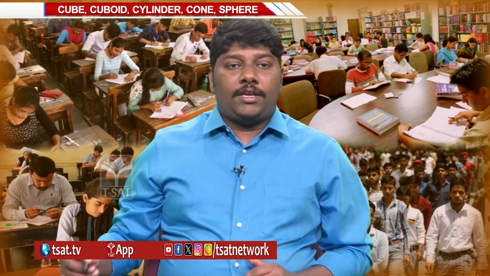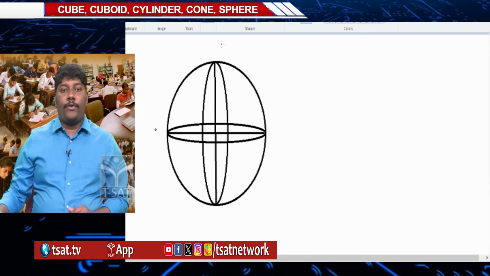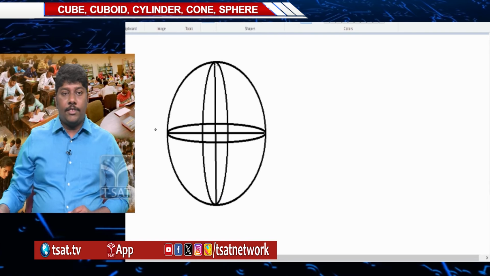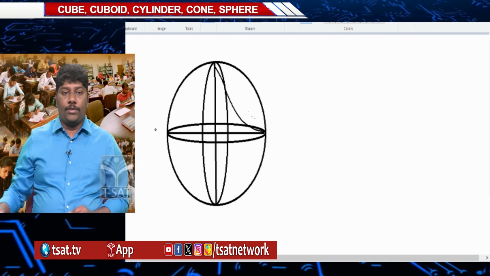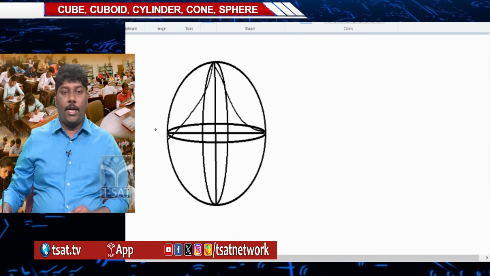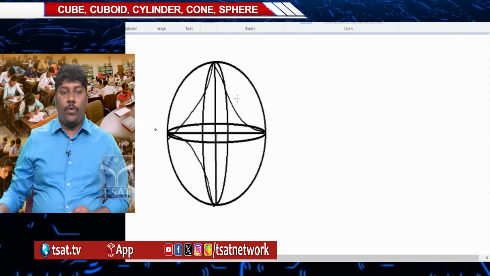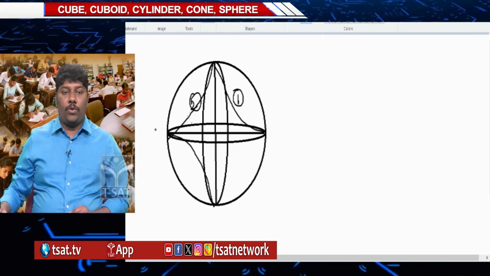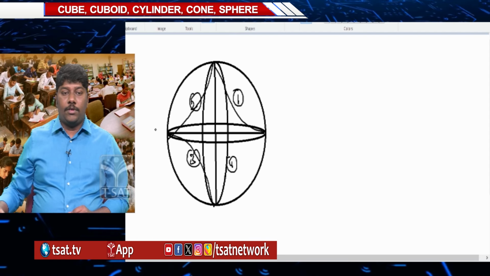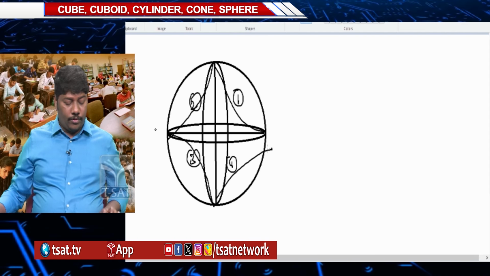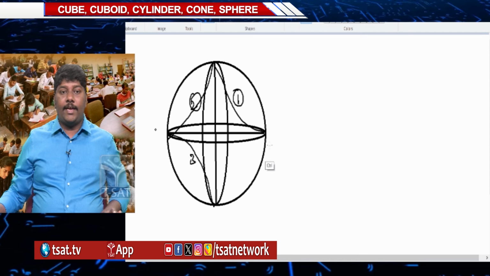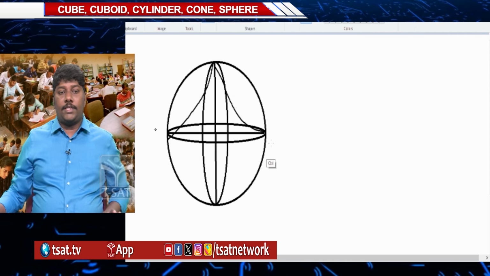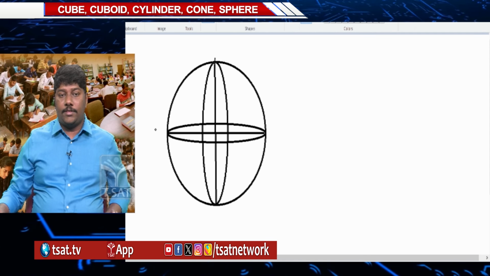Now, just imagine the sphere is a confluence of 4 cones. Imagine the sphere is formed by using 4 cones. In order to get the formula, you just remember it like this: cone 1, cone 2, cone 3, cone 4. So, it is formed by using 4 cones. Therefore, the entire surface of the sphere is covered by 4 circles.